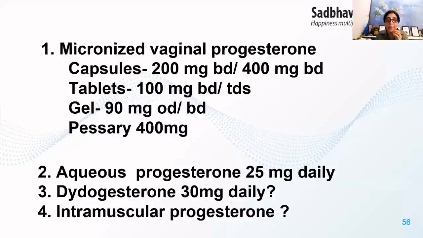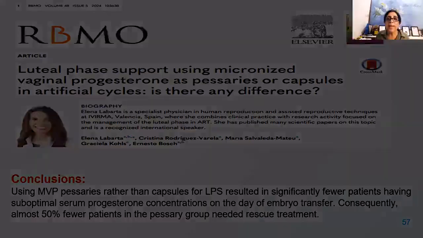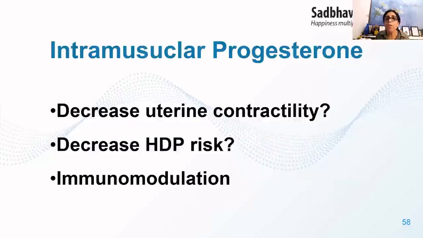Dydrogesterone 30 milligram daily has been coming up in frozen embryo transfer, though it is not the standard of care. Intramuscular progesterone may be too much for a natural cycle. But in India, we are very fond of using intramuscular progesterone. What it adds over the micronized progesterone is that it might decrease uterine contractility because of the increased systemic levels.